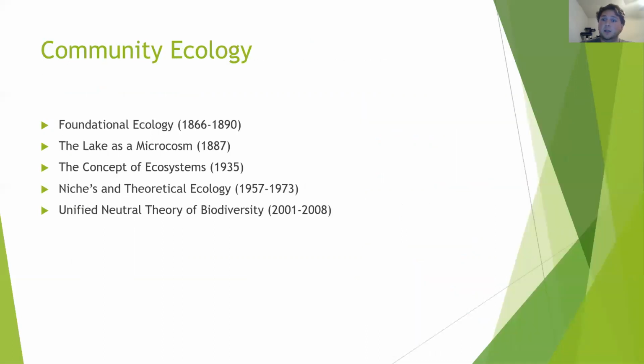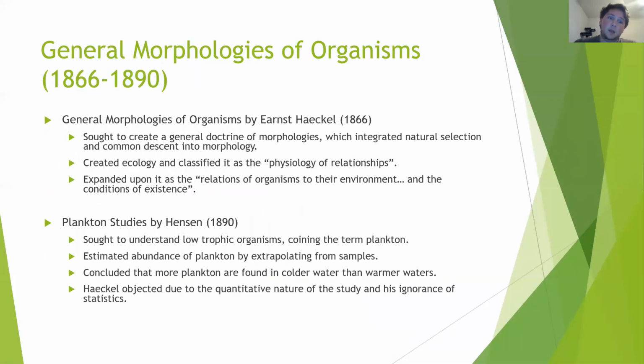So now we move on to community ecology, where we're gonna go through everything. So you have the general morphologies of organisms from 1866 to 1890, which is created by Ernst Haeckel, who is a morphologist. He studies morphologies in organisms, but he's actually the founder of ecology as a field.